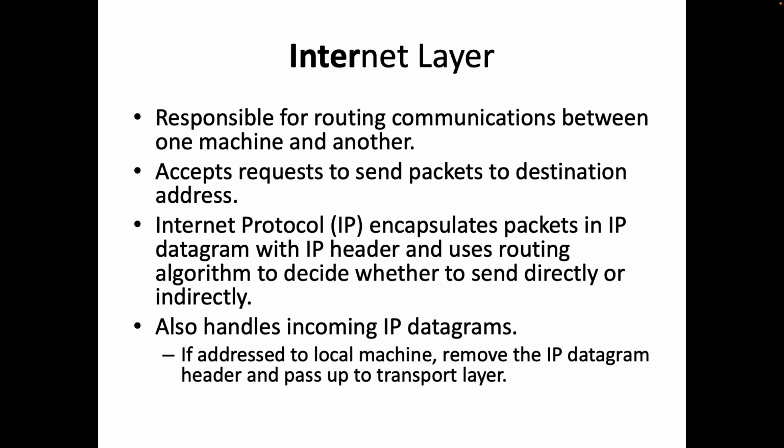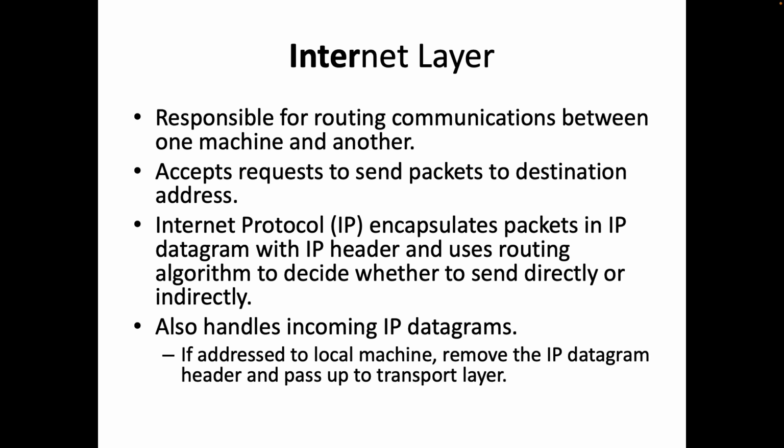And so how do they communicate with one another to guarantee that it will reach the destination and everything in between? It's a very sophisticated mechanism, and that is what the internet layer is responsible for, and the keyword is routing the communication between one machine and the other.